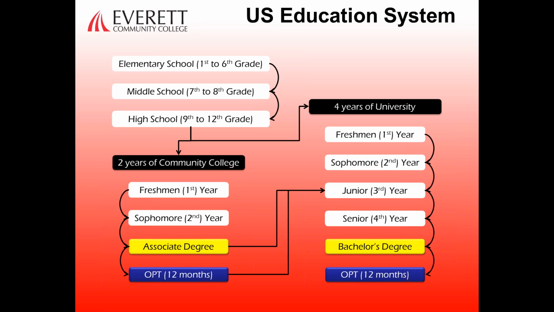For us here, for the exact same class, students are going to have 18 to 25 students in a classroom. The faculty will know their names. The faculty are only focused on teaching the students. So at most four-year research institutions, the faculty are worried more about their research than they are about teaching students. Whereas our instructors here are only focused on student education, student learning, and student success.